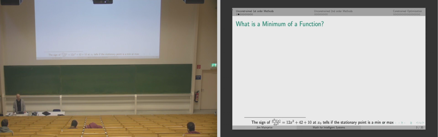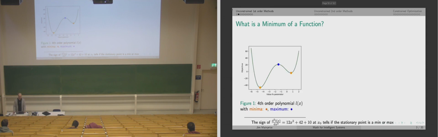So the first question is, what is the minimum of a function? If we have a function like that, we have two minima and one maximum.